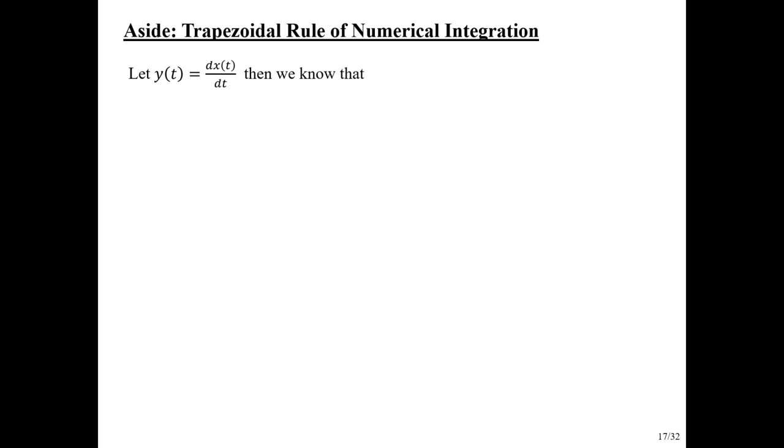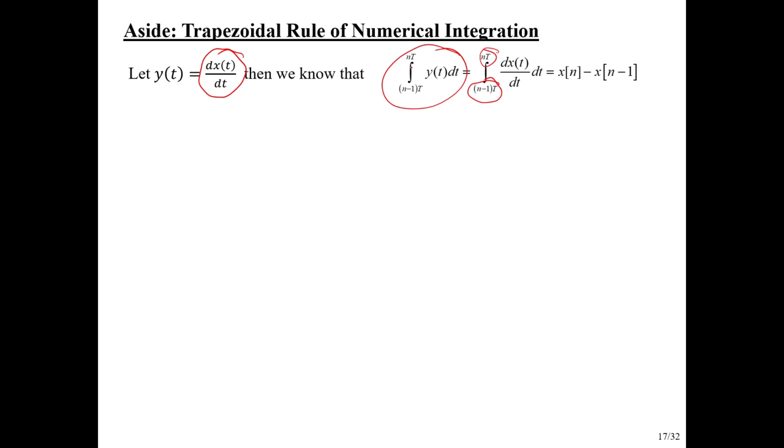That's a differential equation: dx(t)/dt is equal to y(t). So if we were to integrate both sides of that with our knowledge of the fundamental theorem of calculus, we're going to integrate that from (n-1)T to nT. So from one sample point to the next sample point. And we're also going to integrate this side.